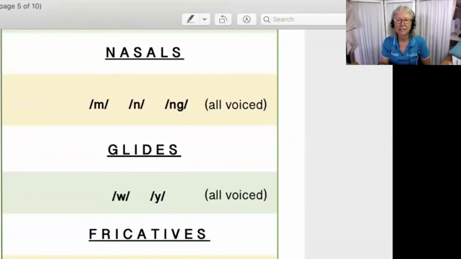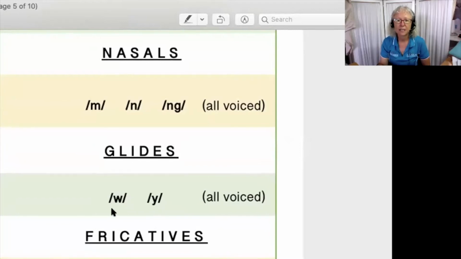Our next category, glides. Again, they're both voiced, so we don't have two columns, and it's our w and y. Glides are easy sounds to make generally. They have a short and gentle flow of air over the tongue. We still use our articulators, the lips and the tongue, to form a narrow passage for the air.